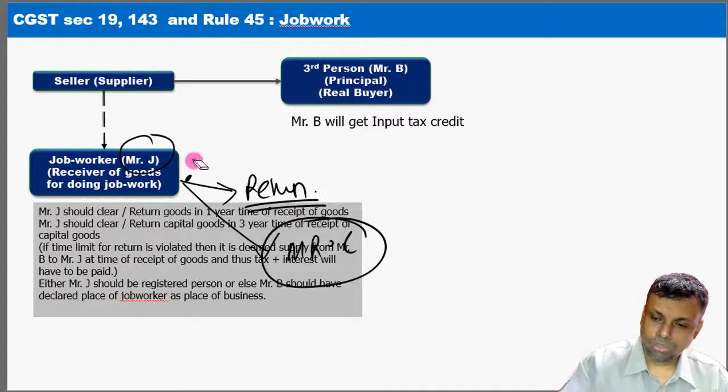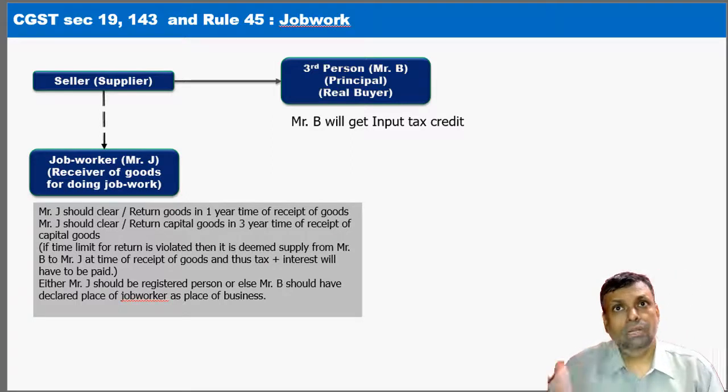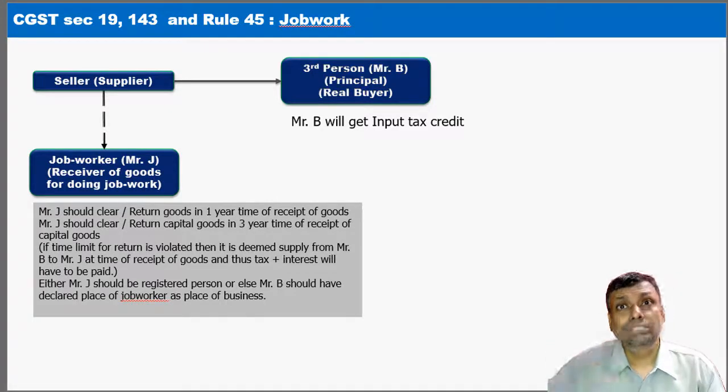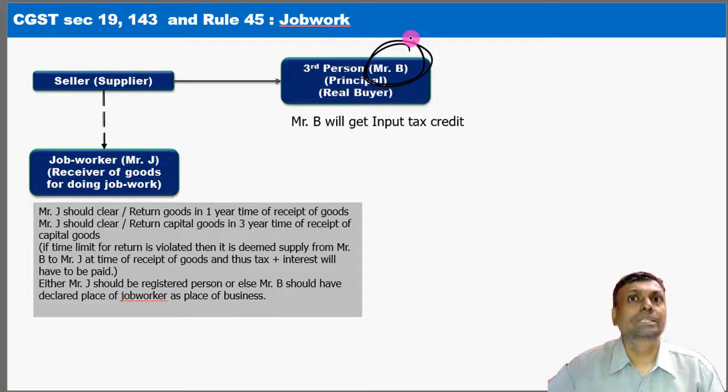In other words, all the transactions, for the job worker, the job worker can receive the goods. This is how you should understand. And the job worker can again transfer that particular goods, but it has to be under the direction, under the document cover of Mr. B, because the real owner in our example is Mr. B. So the job worker's role is very, very simple. In this particular case, the job worker will not get any input tax credit.